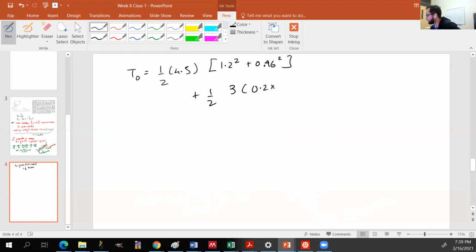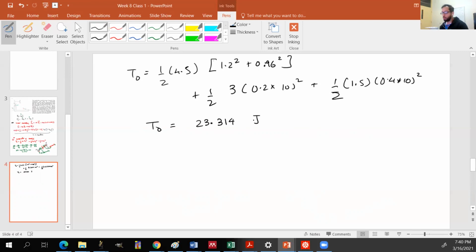The mass is 3, so 0.2 times 10 squared, like that, plus 1/2 times 1.5 times 0.4 times 10, and this thing is squared, right? So you do the math, you get that the initial kinetic energy is equal to 23.314 joules, right?